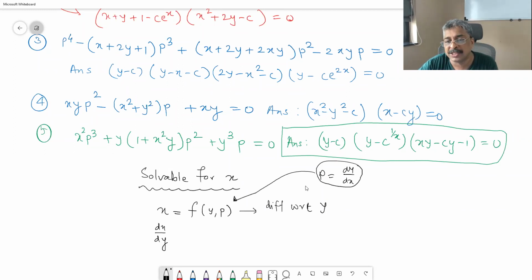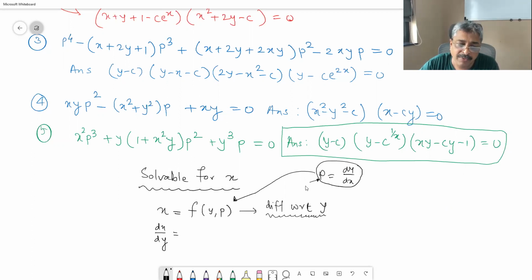So we are supposed to solve this and get a constant, but now we are stuck, we cannot deal with it. But we can write x as a function of y and p, and therefore we have decided to differentiate it with respect to y, and on the RHS also differentiate with respect to y. Whatever expression you get, you solve it, and you should not forget that p is the differential coefficient.